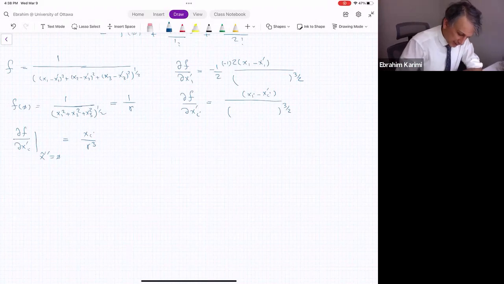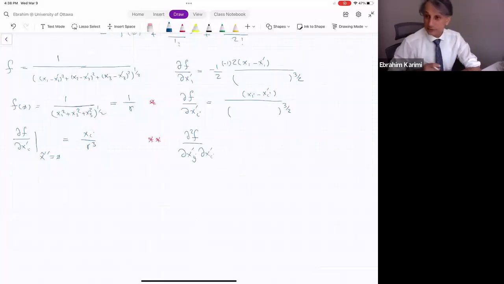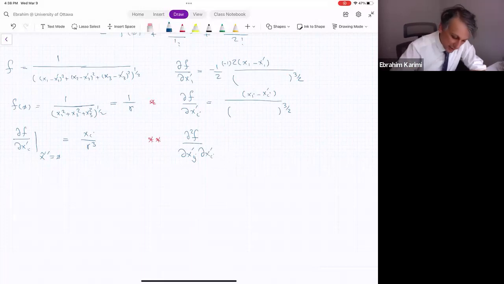The tricky part is, look, this is the first coefficient, this is the second coefficient or expansion term. Now the last one, the third expansion term, is the second derivative of f with respect to x prime j and x prime i. What does it mean? It means taking the derivative of the above expression, (xi minus x prime i) over the denominator to the power of 3 divided by 2, with respect to x prime j.